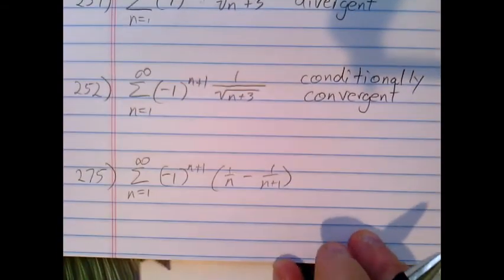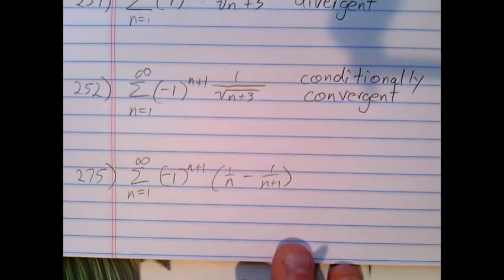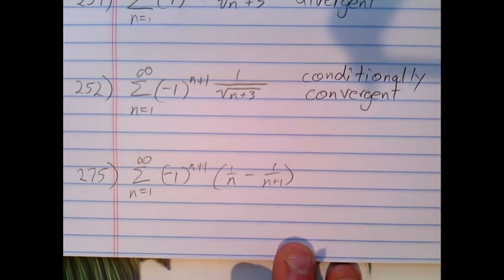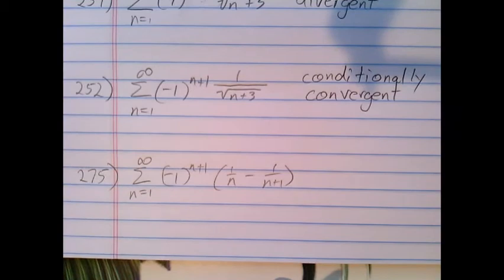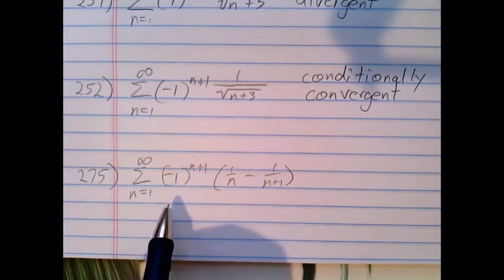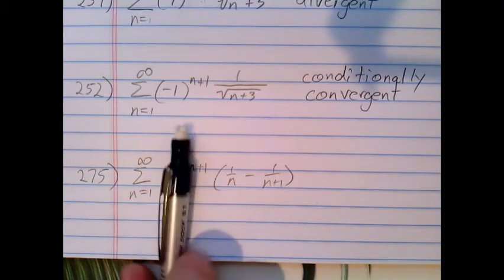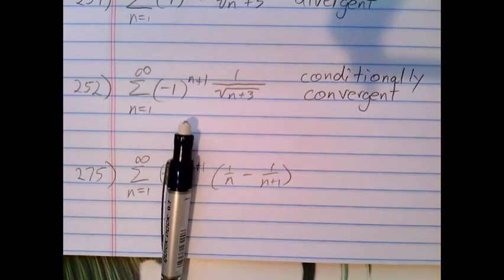All right, one more. Let's look at 275. Again, we're just being asked to make statements. We don't have to write out full proofs here. But it's our job to state whether it is absolutely convergent, conditionally convergent, or divergent. So I see it's an alternating series, so I can mentally set that aside and focus on the rest of the nth term.